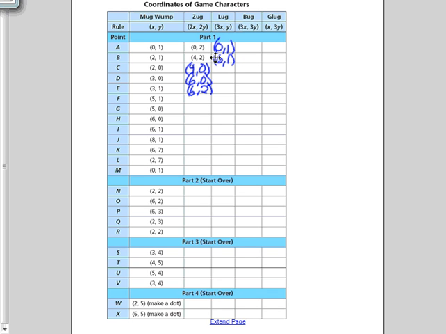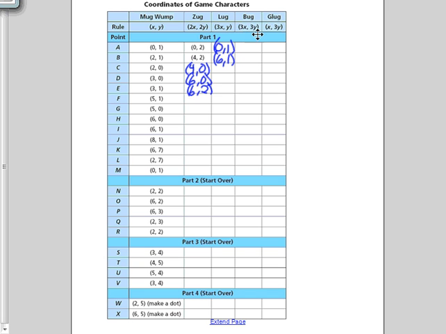So 0 times 3, that stays 0. 2 times 3, that goes to 6. So you'll fill out that whole column by taking 3 times x from this original set of coordinates. And then y, you don't have to do anything to. Just take the second number for y and put them in this column.